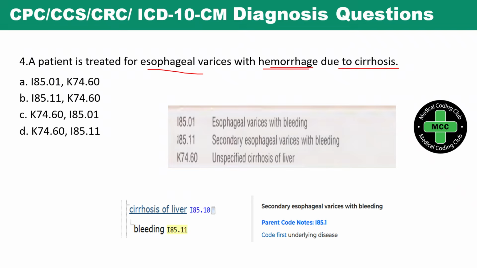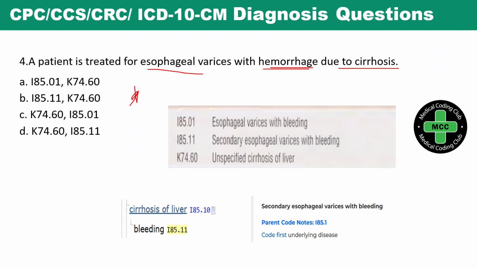Please be aware that you should be able to identify what is the cause and what is the manifestation, or which condition is the etiology and which is the manifestation in the scenario. Always know that the etiology condition will be sequenced first, and then as the secondary code we will use the manifestation code.